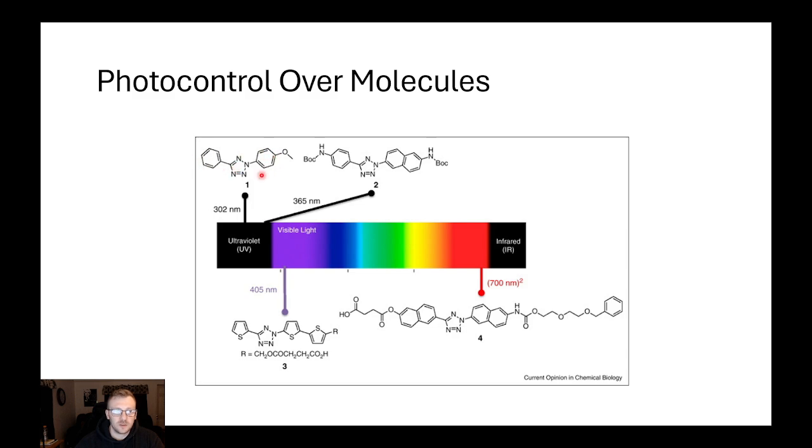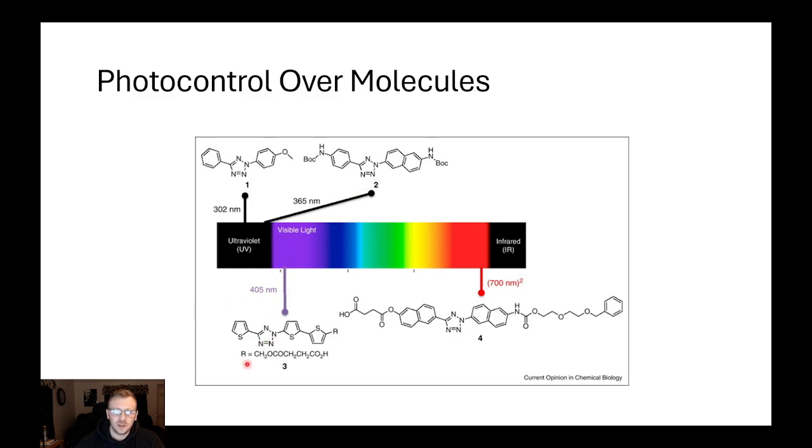But if you look at this backbone here, this cyclized component flanked by these two benzene rings, and then we append on some more side groups, we've changed our absorbance to 365 nanometers now. But we still have this same core structure, and it's this cyclized nitrogenous ring that's actually doing the absorption.